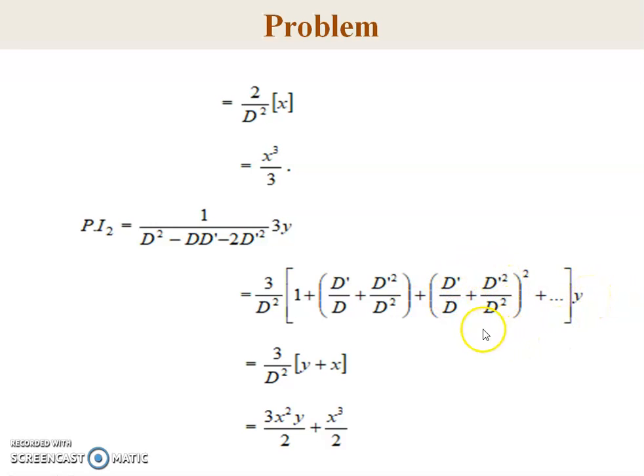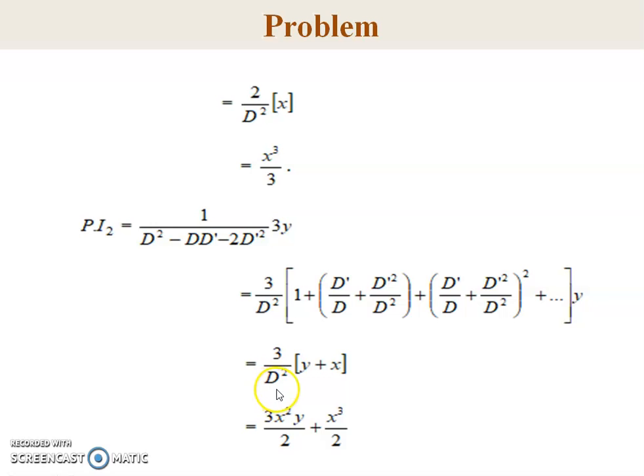So all the terms with D′² become 0. This term also 0. So 1 into y is y. If we differentiate this with respect to y, it becomes 1. We already have 1/D in the denominator, which represents integrating with respect to x. We have only one constant term here, so integrating 1 with respect to x becomes x.